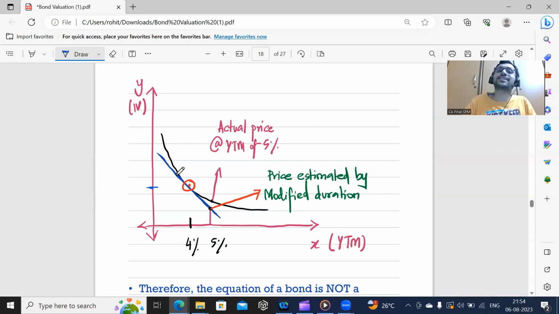All right, and it is calculating the slope of this line, and it is saying that the slope of this line is volatility, and it is saying when interest rate increases from 4 to 5%, your bond price will fall from this particular red dot to this particular dot.